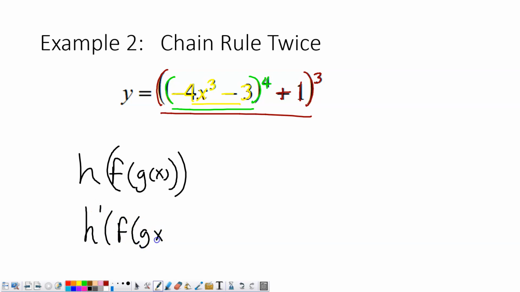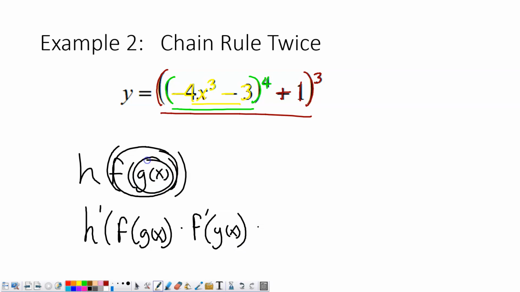Just do the derivative of the shell multiplied by the derivative of the egg whites. Don't change the inside of the egg whites. Times the derivative of the yolk. So it's basically just taking the chain rule out to one extra level.